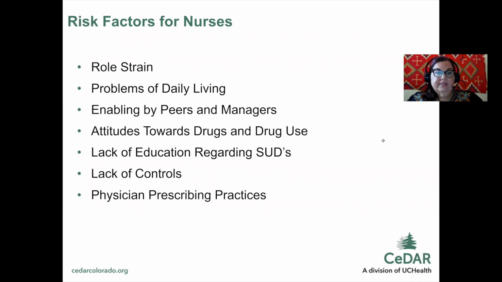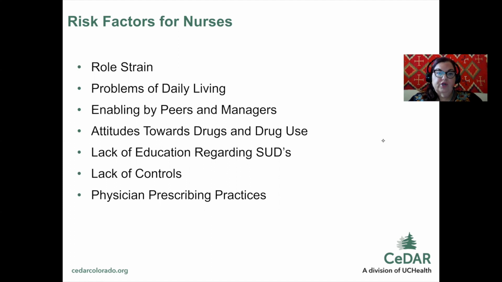This slide was taken from a publication that was done several years ago. That was a guidebook for peer assistance programs working in alternative to discipline roles with nurses with substance use disorder. And these are risk factors that are described as ways that nurses become more susceptible or vulnerable to developing substance use disorders.